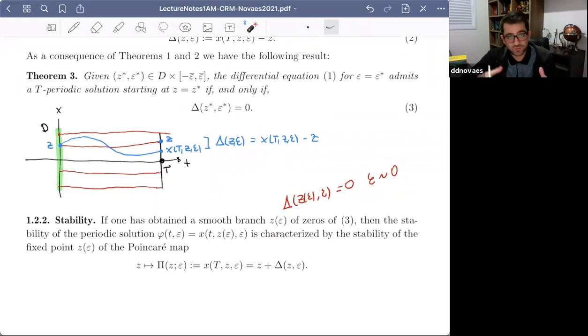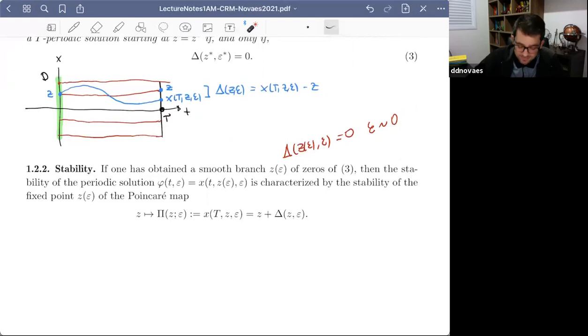Since I have a periodic solution, we can define the Poincaré map around this periodic solution. And we know that the stability of the periodic solution is characterized by the stability of the fixed point of the associated Poincaré map. In this case, since we have a periodic solution, the Poincaré map is just the time T map.